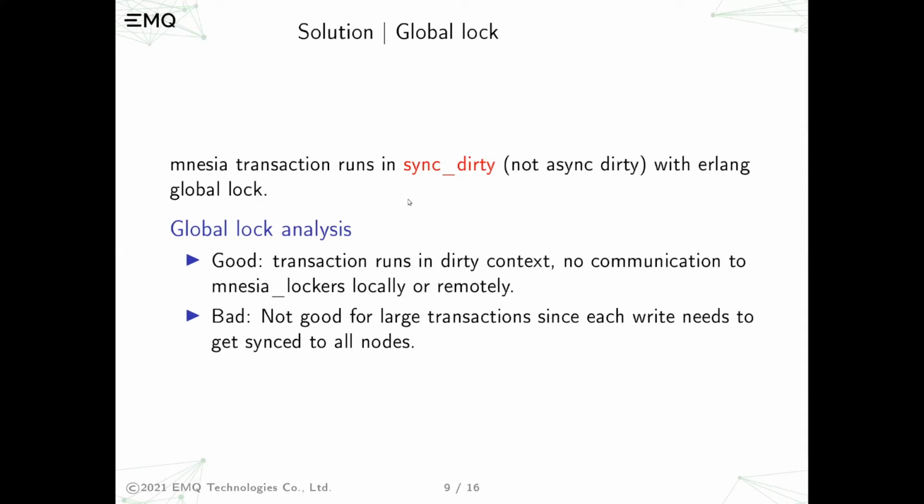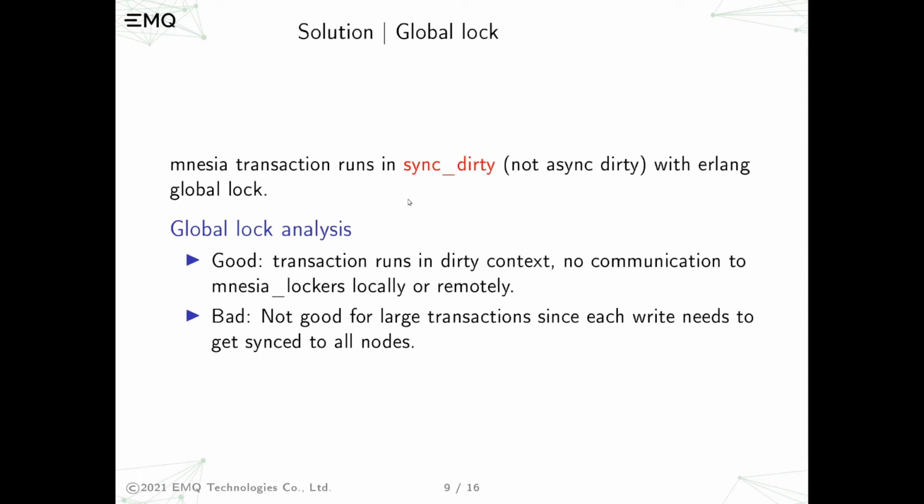That also becomes the bad side, because syncing the writes to each node also takes time. And in the current Mnesia implementation, each write is synced to each node. This is not ideal, because what we prefer is to sync one transaction at a time.